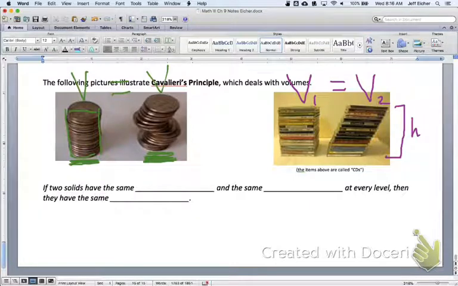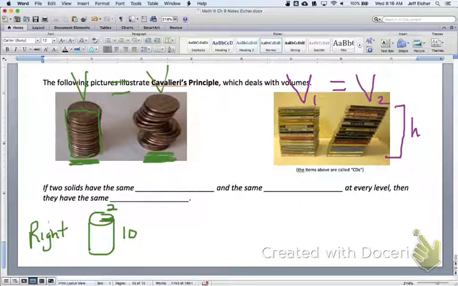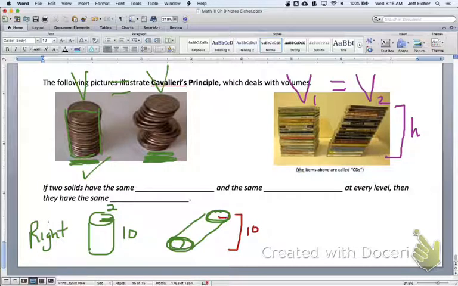So this principle is very helpful because if I told you you have a cylinder and the height of the cylinder is 10 and the radius of the cylinder is 2, it doesn't matter if the cylinder is a right cylinder, meaning standing up straight like this first stack of quarters. It doesn't matter if it's standing up straight or if it's an oblique cylinder, like this, as long as this height is the same, 10, and this radius is the same, 2.